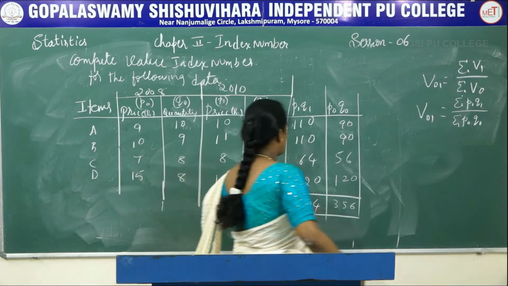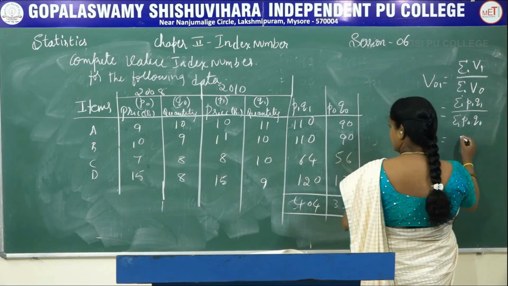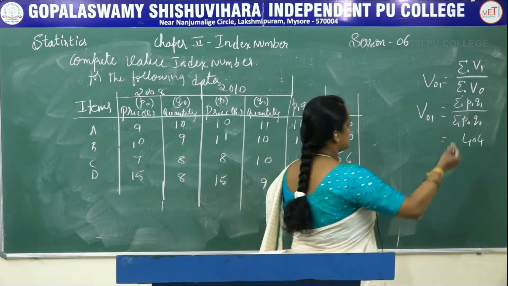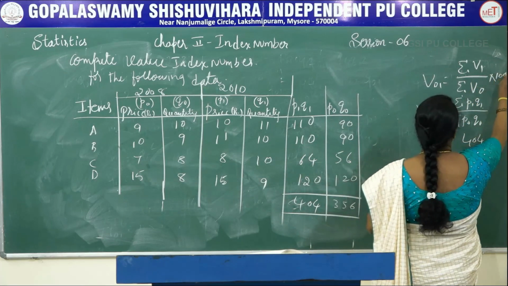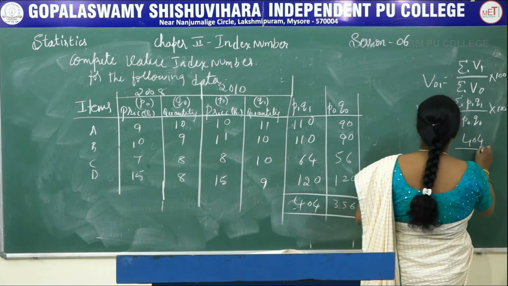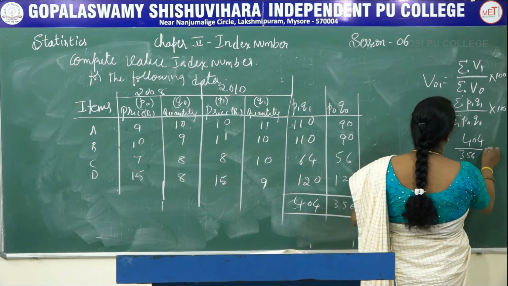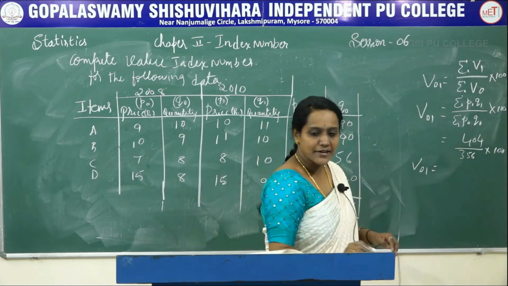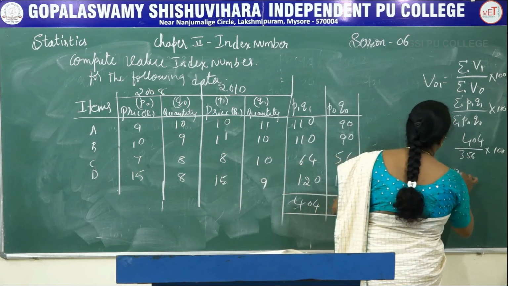Now you substitute these two values. It is 404, sorry, here we have to multiply by 100, divided by 356 into 100, so that value index number is 113.48.